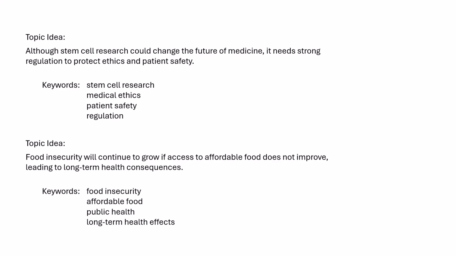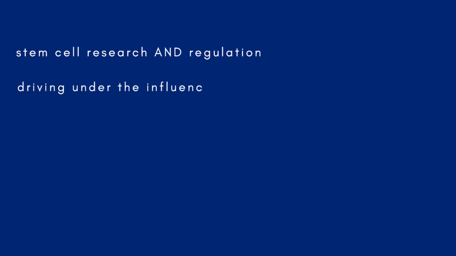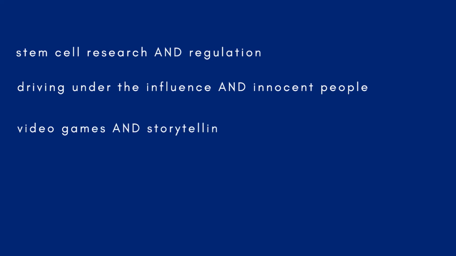Keywords represent the main ideas of your topic, and the way you connect them determines how broad or narrow your search will be. We use Boolean operators in research to combine terms and create more comprehensive search strategies. By combining two terms using the AND Boolean, we can build a powerful search. Let me show you how this works.